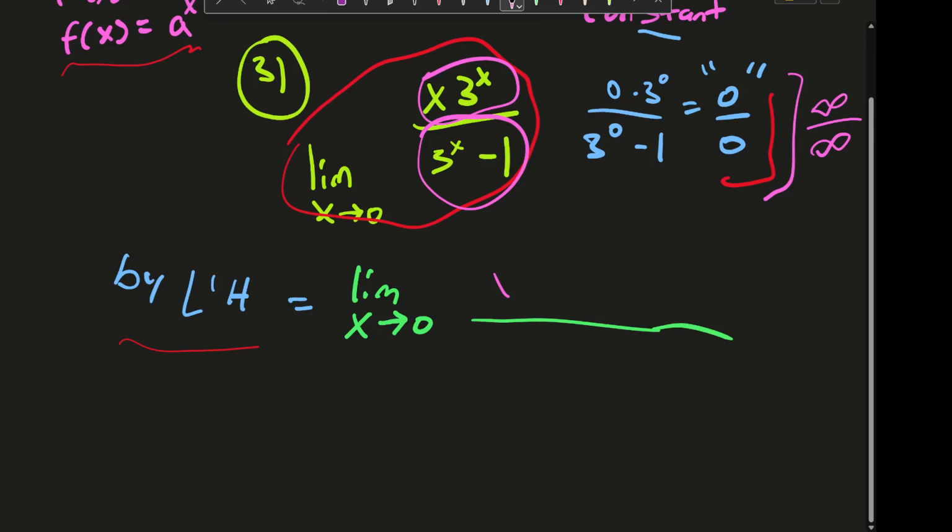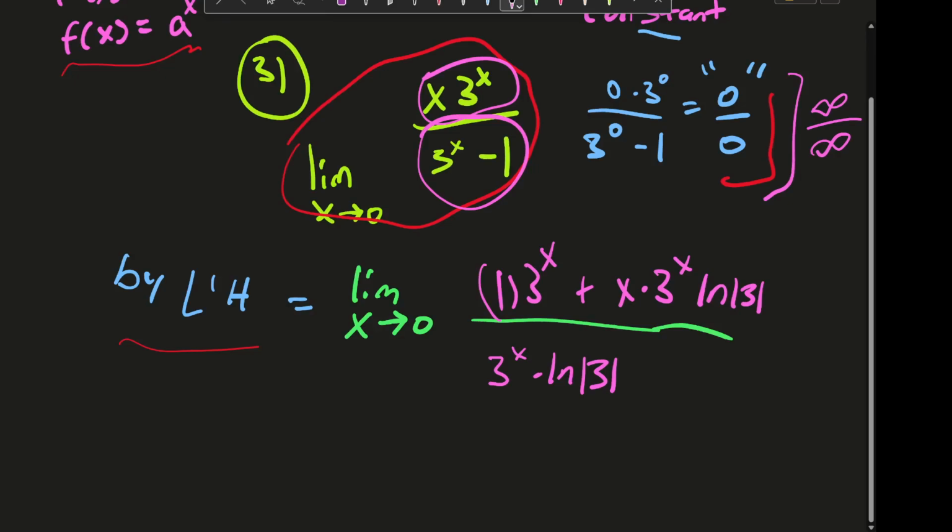Derivative of x is just 1 times, you're using the product rule here, times the other function plus x times 3 to the x ln of 3, over 3 to the x times the ln of 3, and then minus derivative of 1, which is just 0.